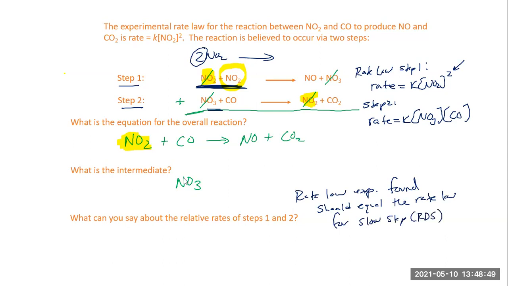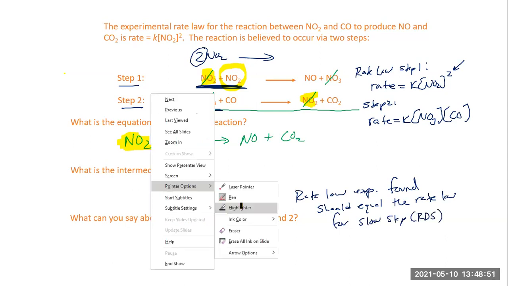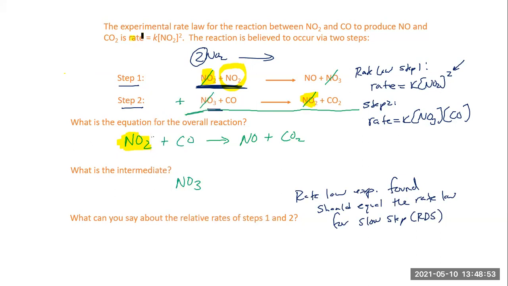Which means if we look up here and we see the rate law that was found experimentally is the rate is equal to K times NO2 squared, that matches perfectly the rate law for our first step.